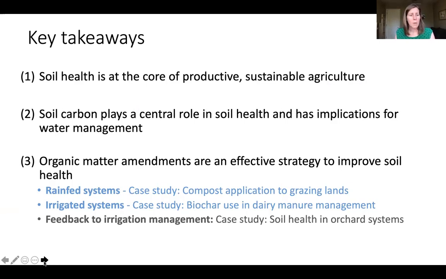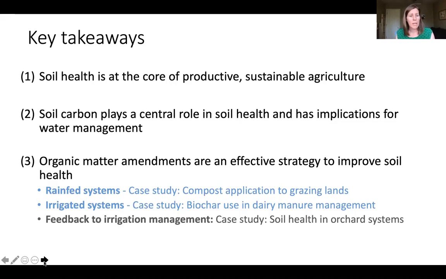And then one particular component of soil health, soil carbon, really plays a central role in how we understand and think about soil health, and also how we incentivize and monetize and give farmers resources for doing practices that promote soil health.